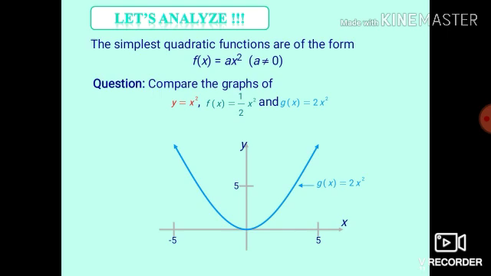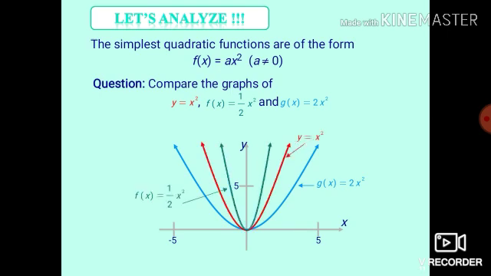In this question, compare the graph of y equal to x squared, f(x) equal to a half x squared, and g(x) equal to 2x squared. Let's analyze the 3 diagrams below.